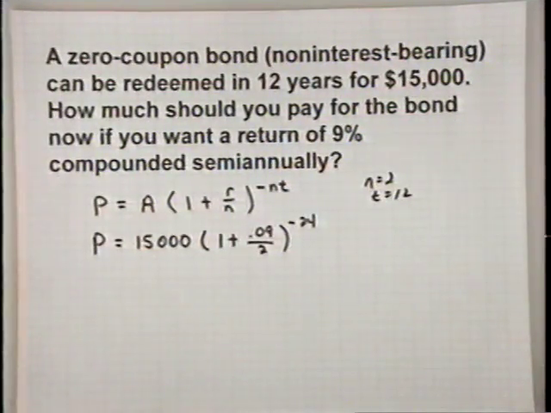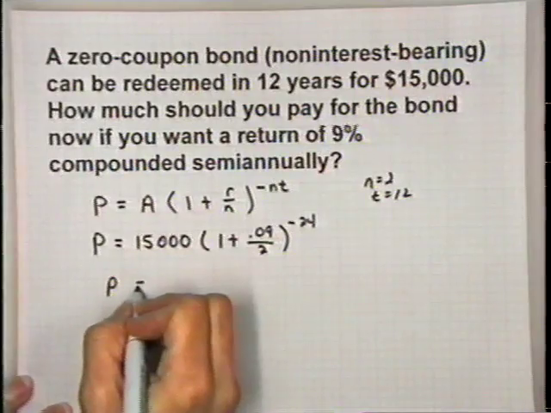Okay, well let's go to the calculator, and let's see if we can do this. Let's do 15,000 times, I'll use a parenthesis, 1 plus 0.09 divided by 2, close parenthesis, go straight to the exponent, negative 24, and hit equal to complete.